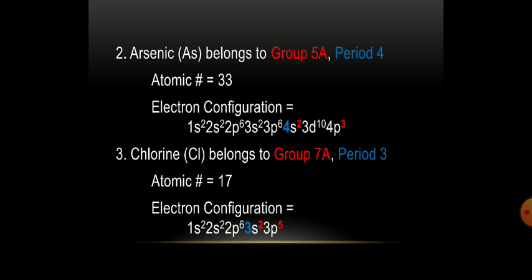And like that, if we take a different example, arsenic, which belongs to group 5A and period 4, the atomic number of this element is 33. So in that case you will get the electronic configuration like this.